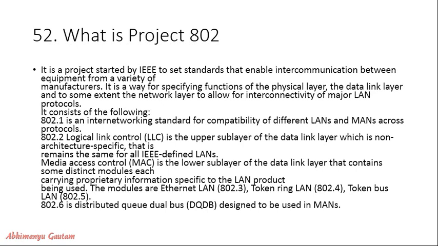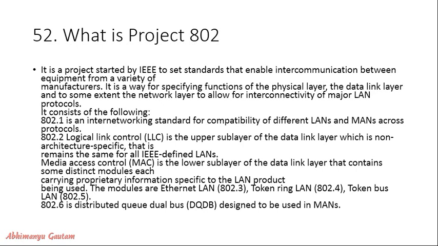It consists of the following: 802.1 is the internetworking standard for compatibility of different LANs and MANs across protocols. 802.2 is the Logical Link Control, LLC, the upper sublayer of the data link layer, which is non-architecture specific, that is, remains the same for all IEEE-defined LANs.